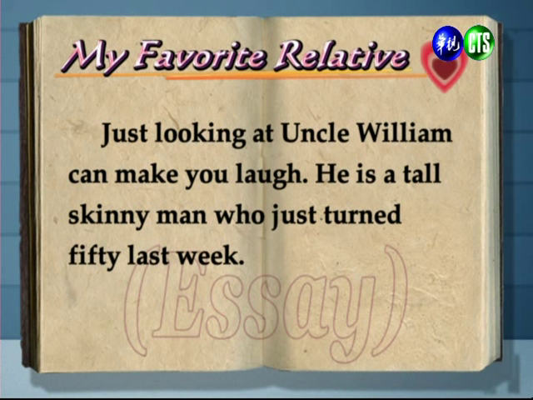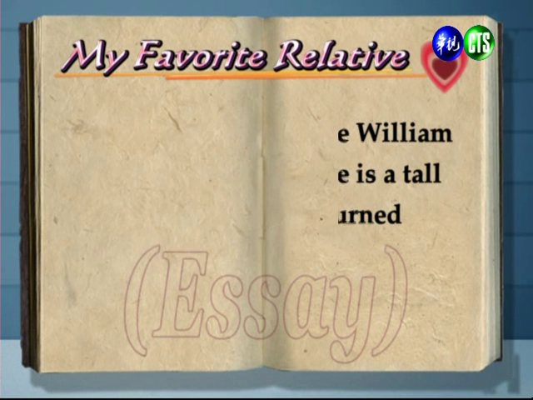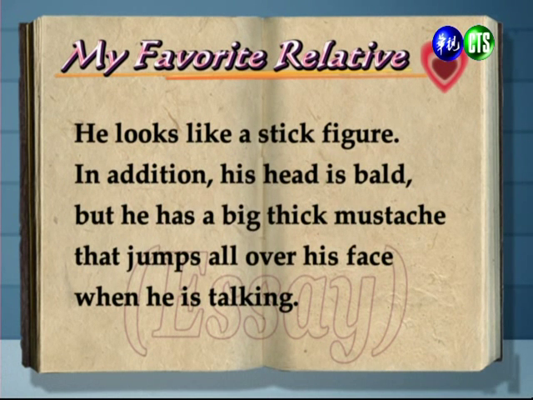He is a tall, skinny man who just turned 50 last week. He looks like a stick figure. In addition, his head is bald, but he has a big, thick mustache that jumps all over his face when he is talking.